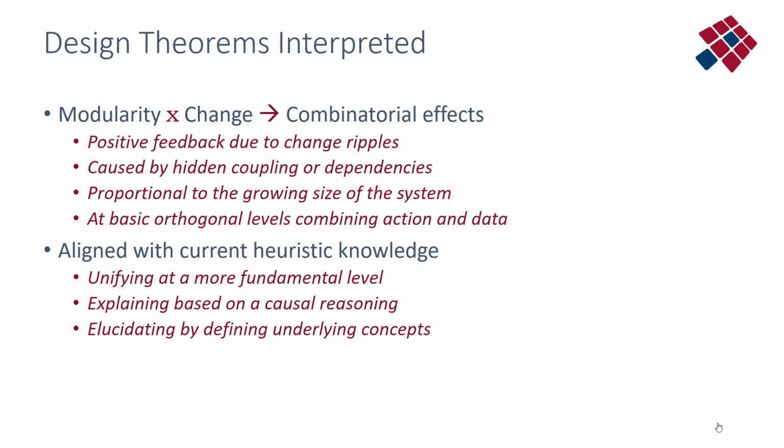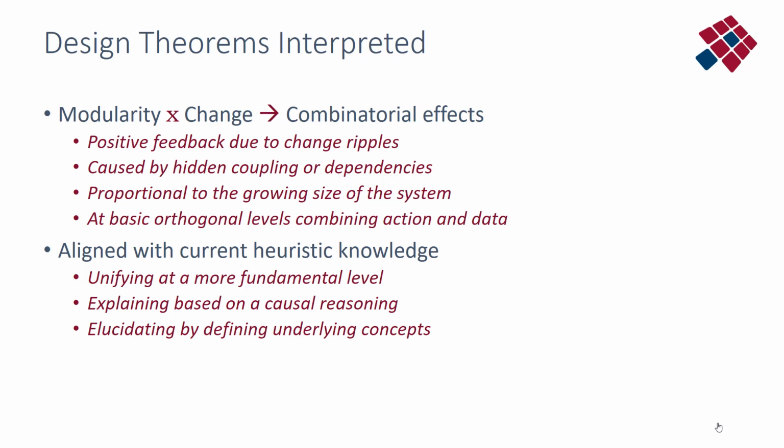They also explain them based on a causal reasoning, all based on the fact that combinatorial effects, positive feedback mechanisms, changes ripple through, and that is what you don't want. So you can explain nearly all heuristic software rules, design rules, based on the fact that you want to avoid, dampen, deplete combinatorial effects.